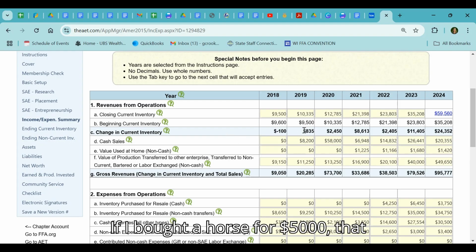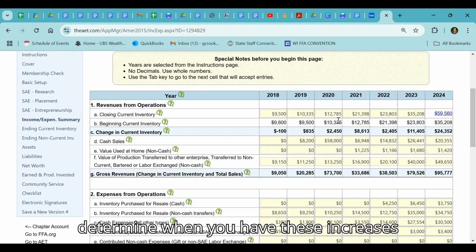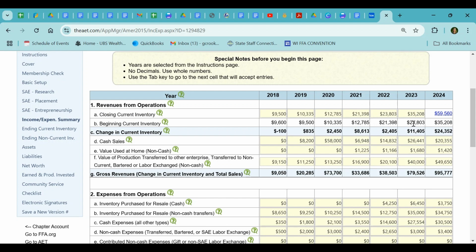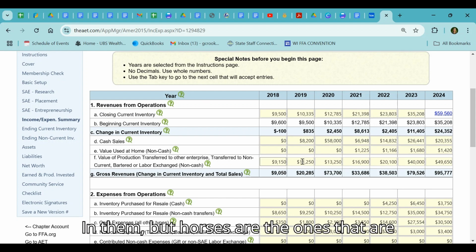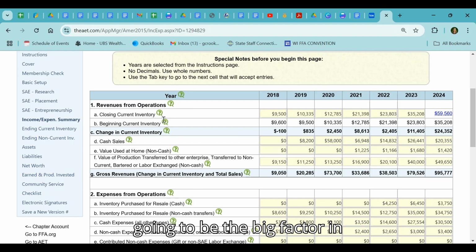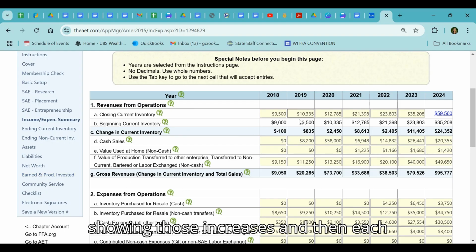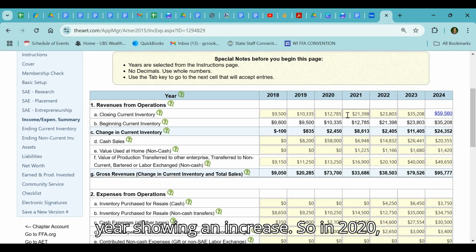If I bought a horse for $5,000, that should be reflected this year in this current inventory. And so that's something that can help you determine when you have these increases in your current inventory or decreases in them. But horses are the ones that are going to be the big factor in showing those increases, and then each year showing an increase.